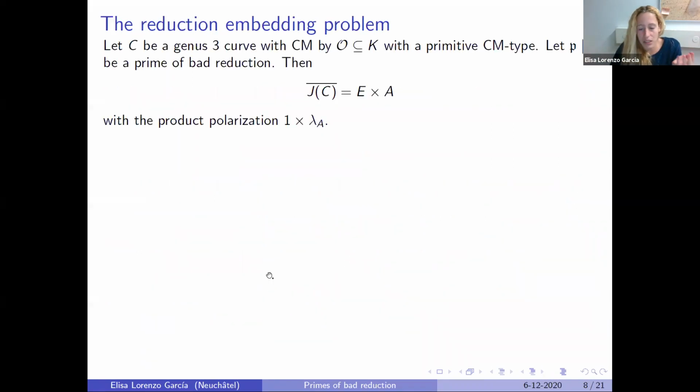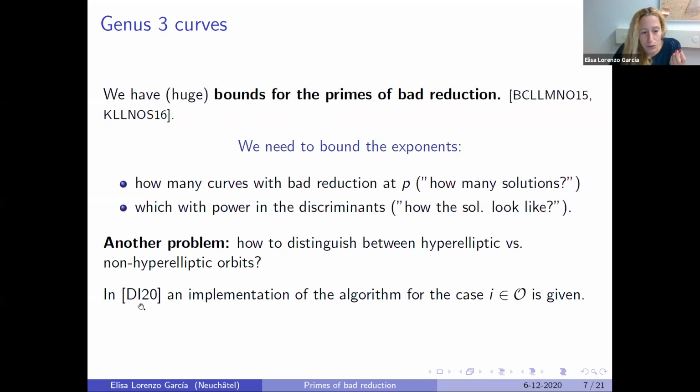But in this paper by Ionica, one of my co-authors, and Dina, her PhD student, they implemented an algorithm using these class polynomials in the case in which i is in the order. Because if i is in the order, then we know that all the curves are hyperelliptic, and then we can use all the machinery that I introduced.